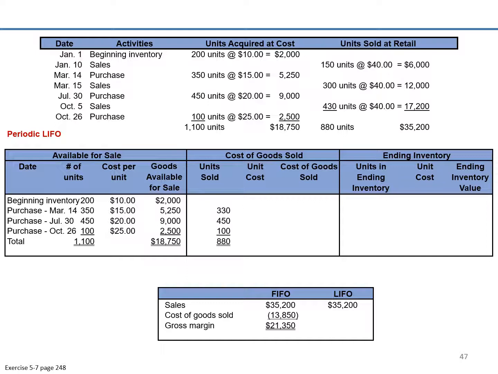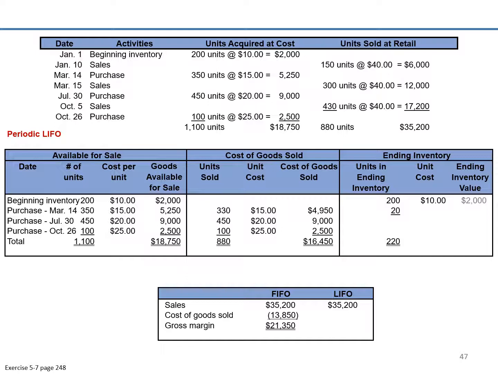So we're going to sell 330 of our 350 March 14th purchases, which means we have 20 left from our March 14th. We have all 200 left from our beginning inventory, and we have none left from our July 30th and our October 26th purchases. So if we apply our costs to each of the lines and sum them up, total cost of goods sold of $16,450.